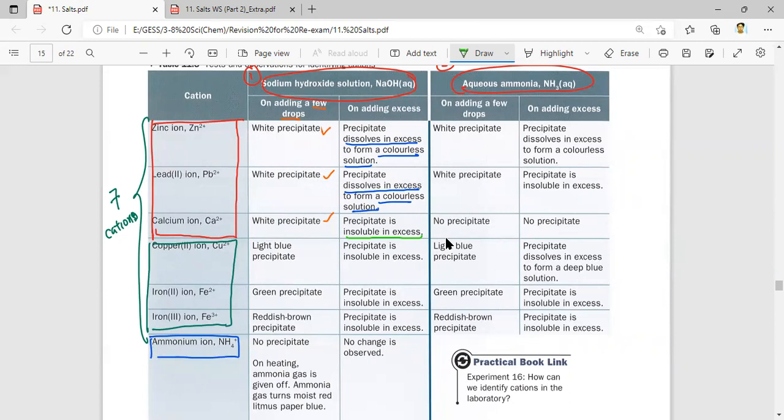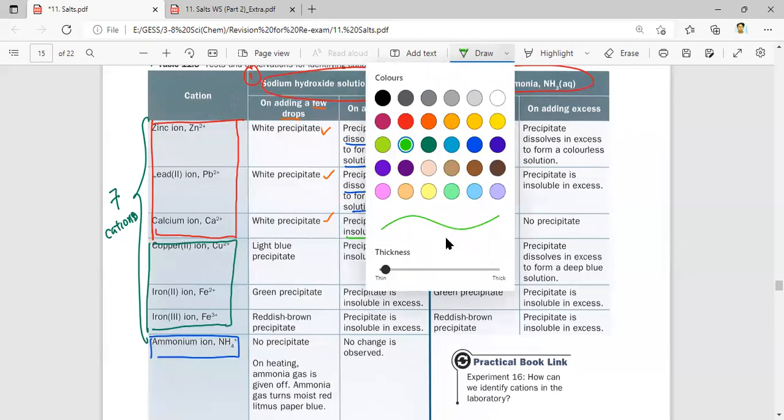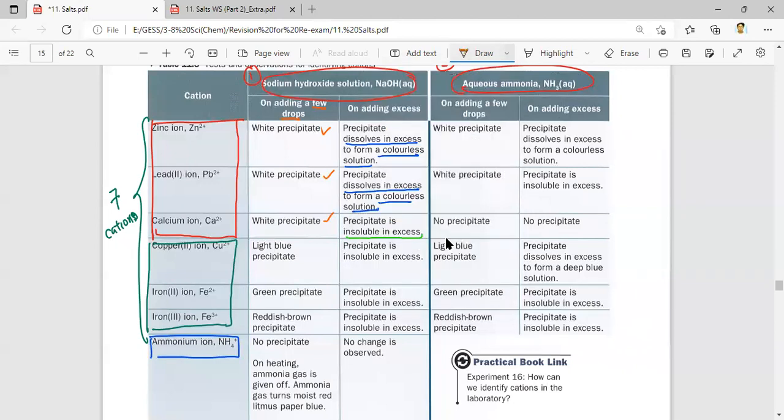So for a white precipitate, whether it dissolves or doesn't dissolve in excess helps us find out what cations are present. The next ones will be the colored ions. These three are white on top; now, copper 2, iron 2, iron 3. Take note, the 2, 2, 3 are important. You need to know them, so write this down. For copper, if I add sodium hydroxide initially, it will form a light blue precipitate. For iron 2, a green precipitate; iron 3, reddish brown.